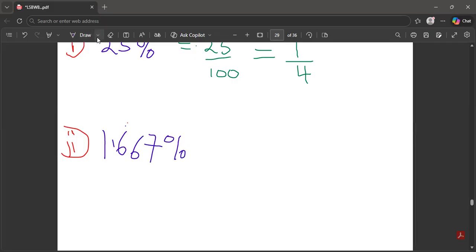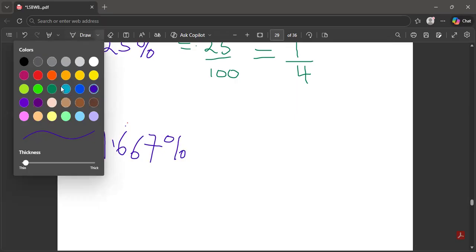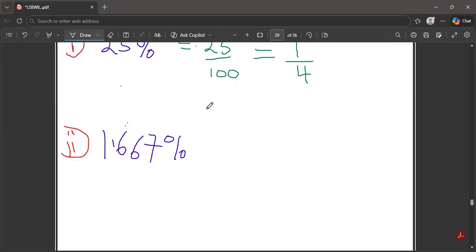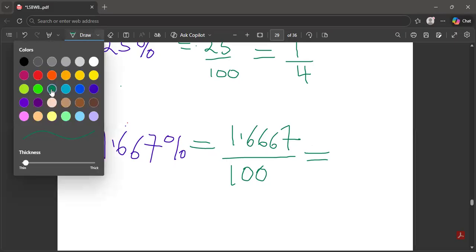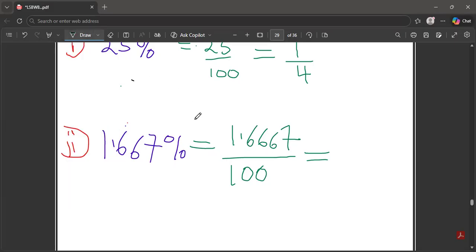And that is simply equivalent to 1.666 over 100. 1.6667 over 100. At the end of the day, we are going to be getting something different. Okay. And in this case, a different thing altogether.